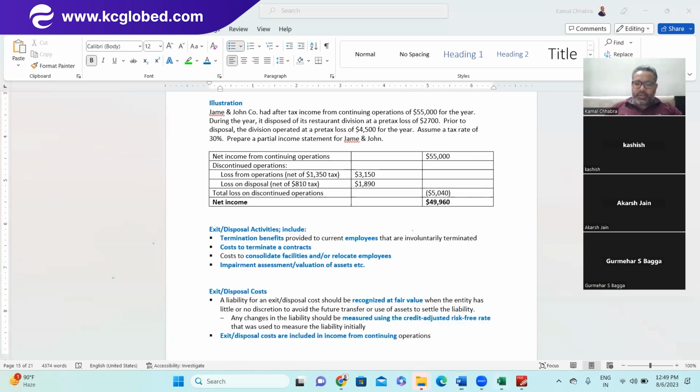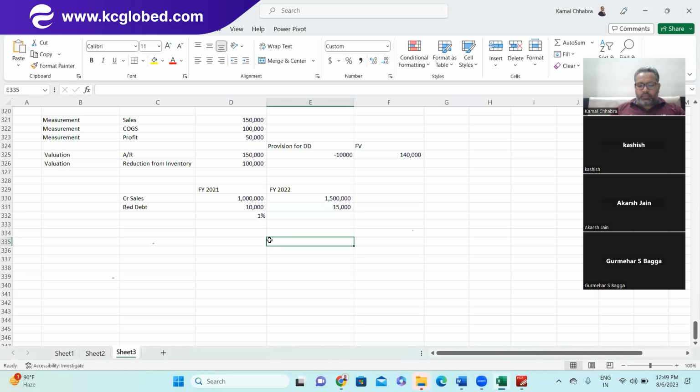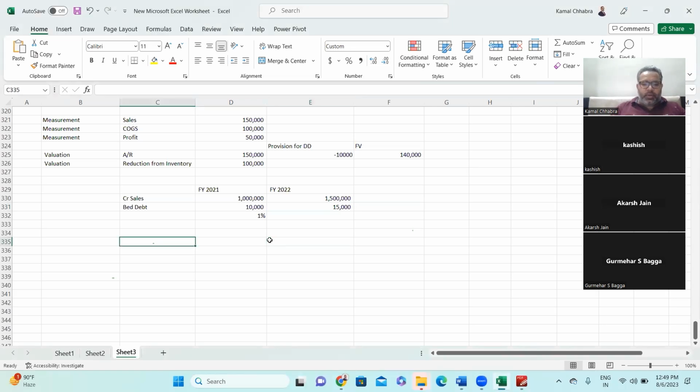Let me do an Excel sheet. Yes sir, I understood. For example, income from continuing operation, let's say you have $1 million, right? And you have loss from discontinued operation of let's say 300,000, right?